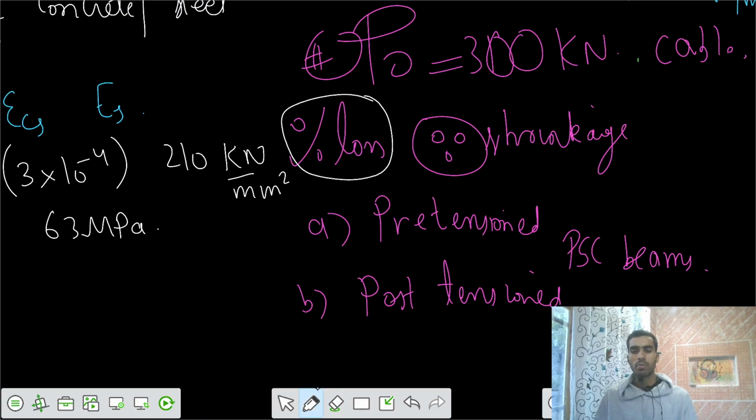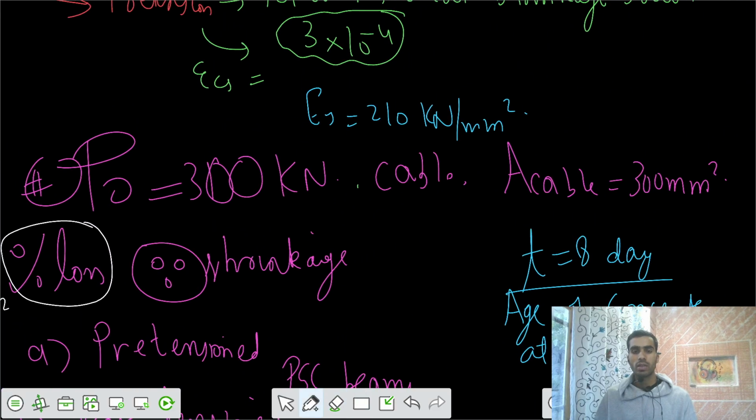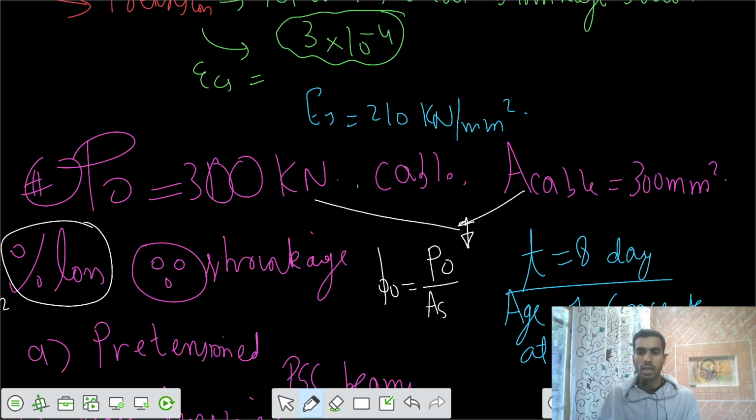Now we need to calculate the loss of stress in terms of percentage. Can you tell me what the initial prestress is? That should be P naught divided by the area of the cable. So that's 300 kilonewton by 300 millimeter square, which is 1000 megapascal.